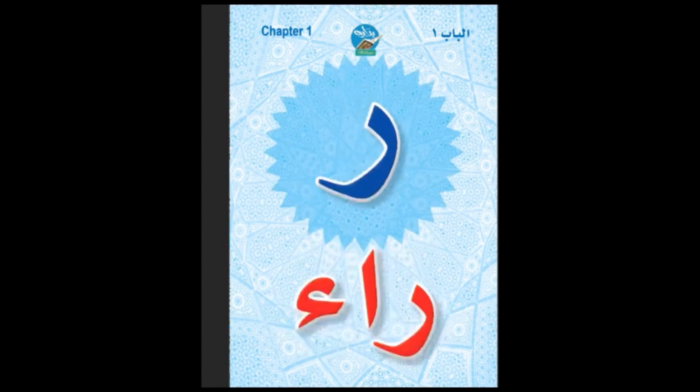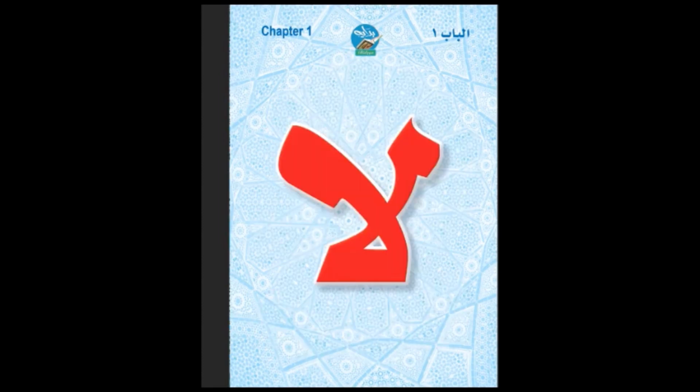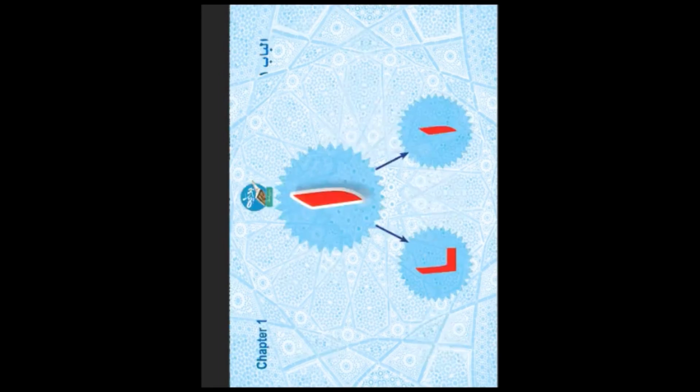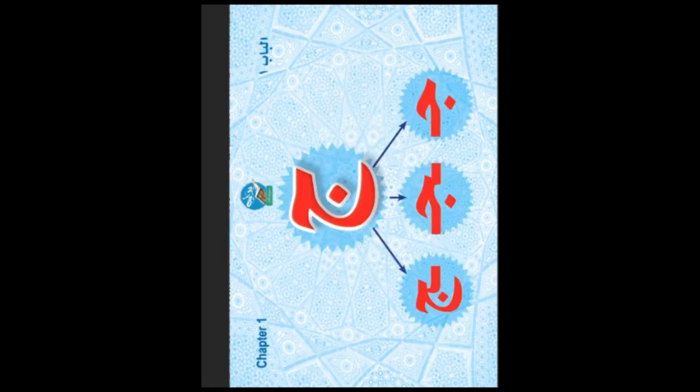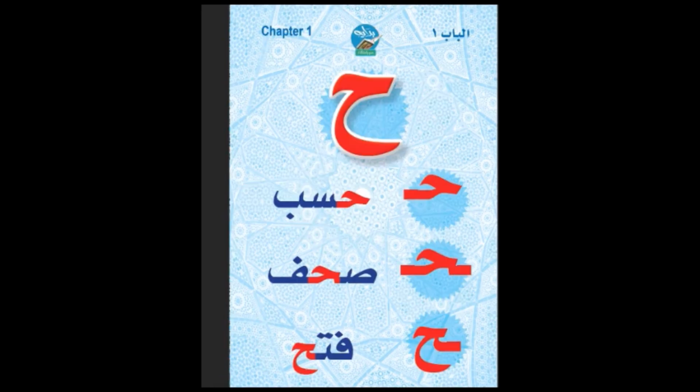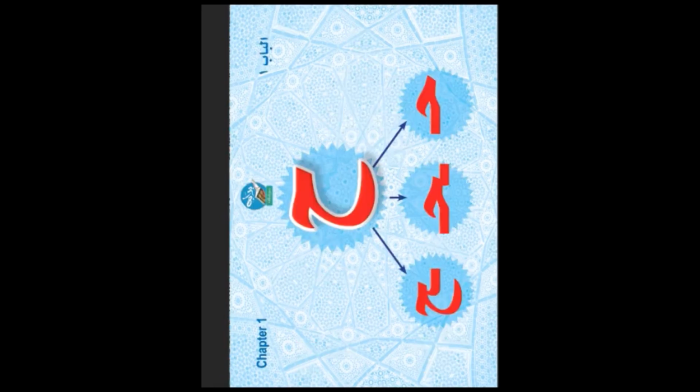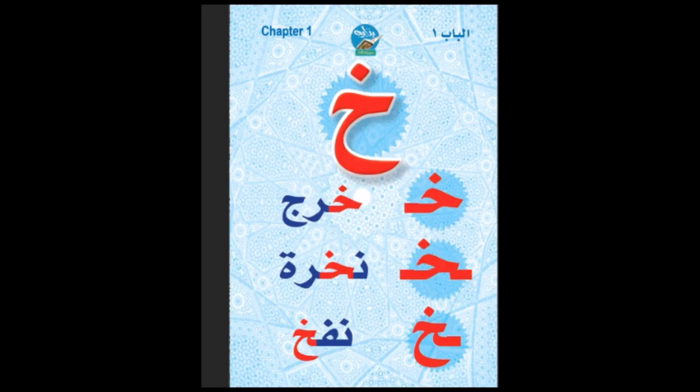This is available again for all of chapter 1, chapter 2, all the way until chapter 5, where we eventually get into words and we have further explanation. For example, this flashcard describes the different forms of the letters and how they are in the beginning, middle, and end of the word.